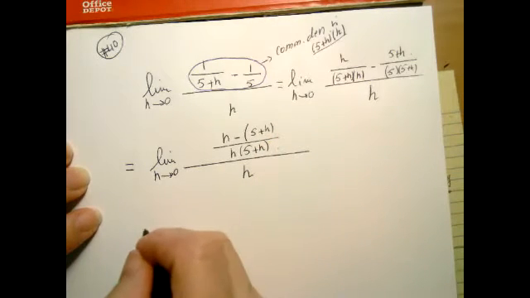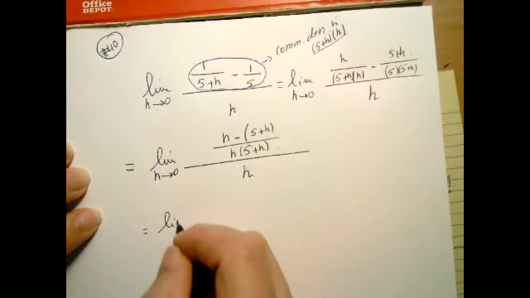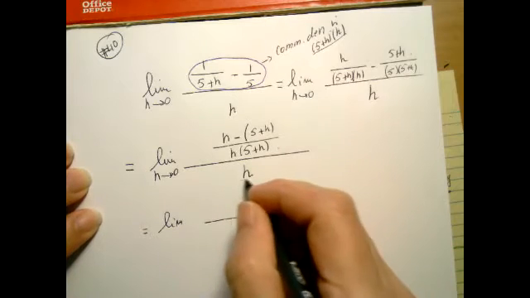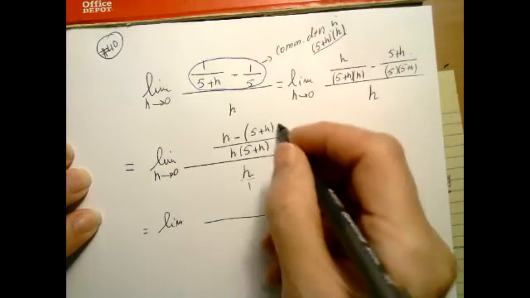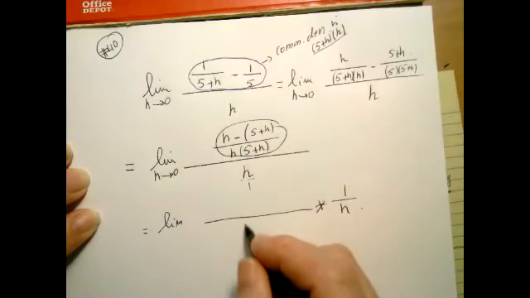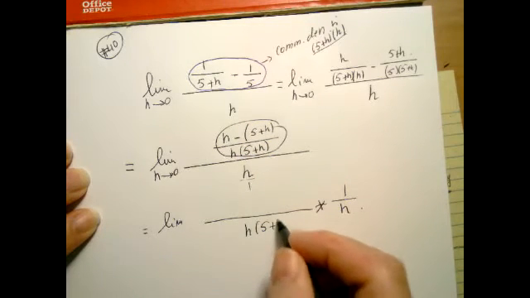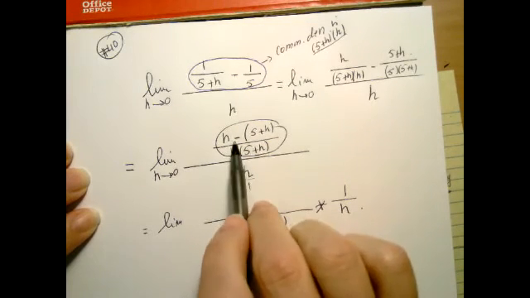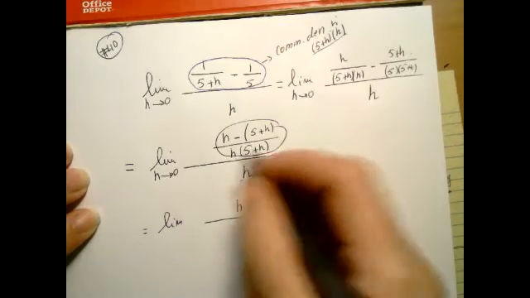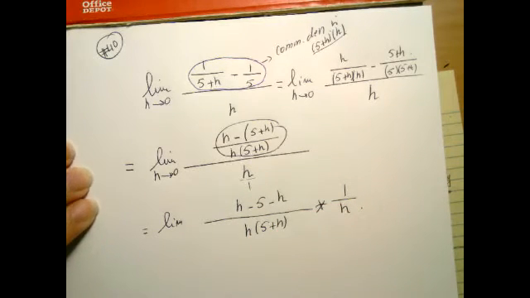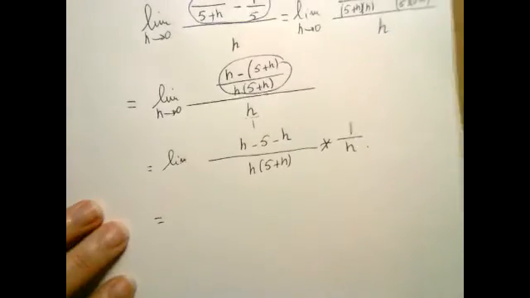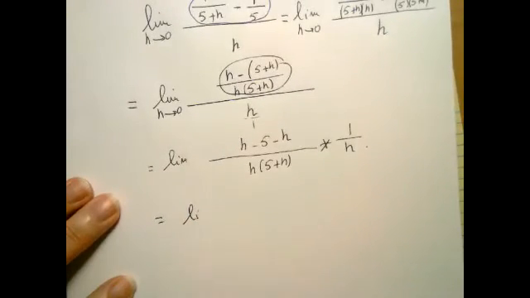Now we use the property of fractions that dividing by h is like multiplying by 1 over h. And now the numerator will become h, distribute the minus, minus h. All right, so the rest is some simplification in order.